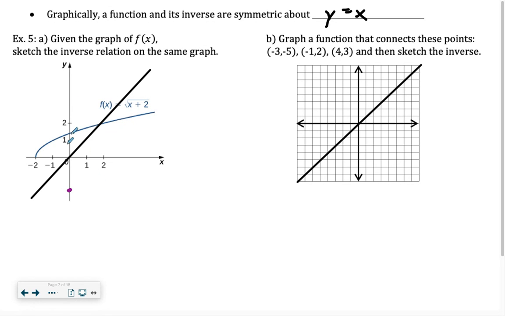Then I've got the point (-1, 1), so the point (1, -1) will be on the inverse. Then way over here, I've got the point (2, 2). If I switch those coordinates, I'm still at (2, 2). And we can start to see what this is going to look like.